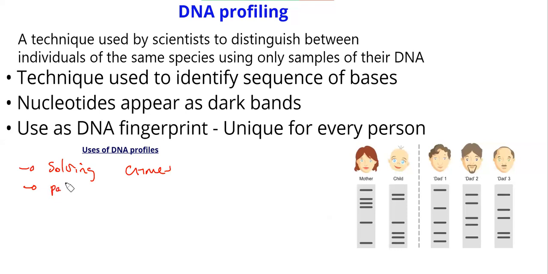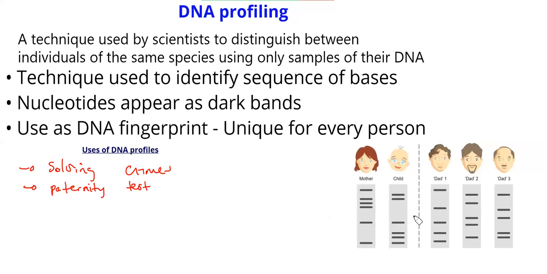So paternity: you want to know who your father is. For example, here we've got the mother and the child, and dad 1, dad 2, dad 3. The mother always knows that it's her child, but the question comes on the fathers, because the parent might not be sure who the child belongs to.